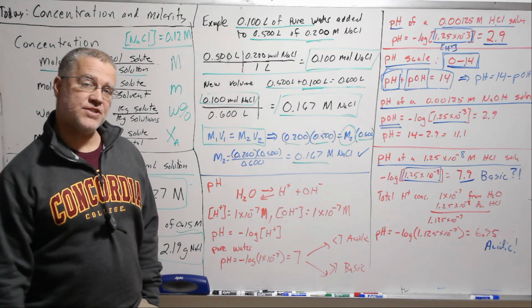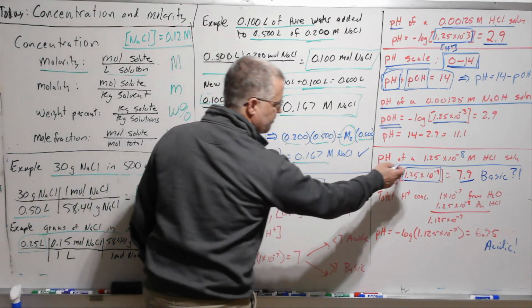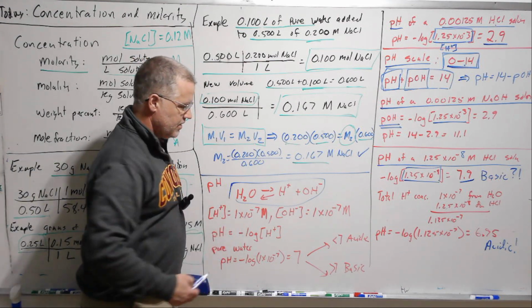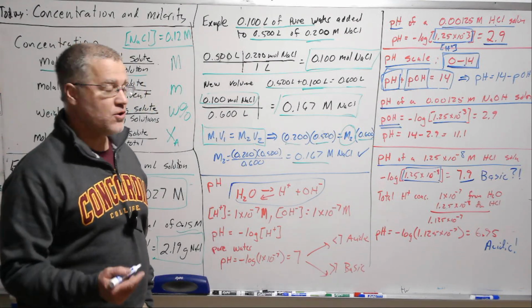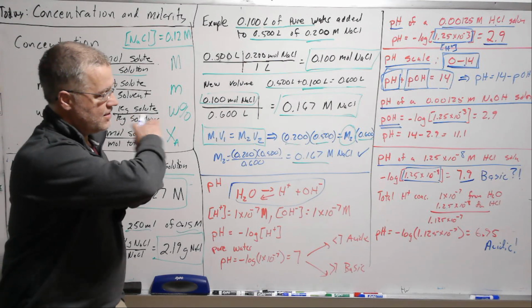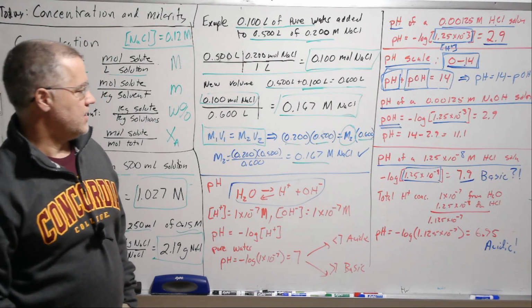Well, what we failed to take into account here is that we've put so little HCl that it's small compared to the auto-dissociation of water itself. So pure water is more of an acid solution than this 10 to the minus 8th HCl.